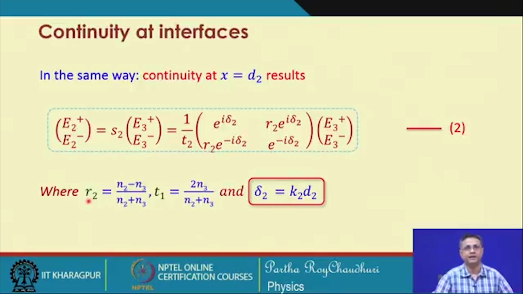Again, R2 and T2, the amplitude reflection and transmission coefficients corresponding to the second and third layers, will appear here in this form. This should be R2, this should be T2.